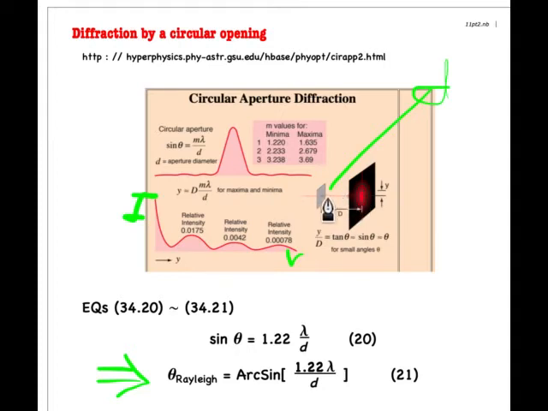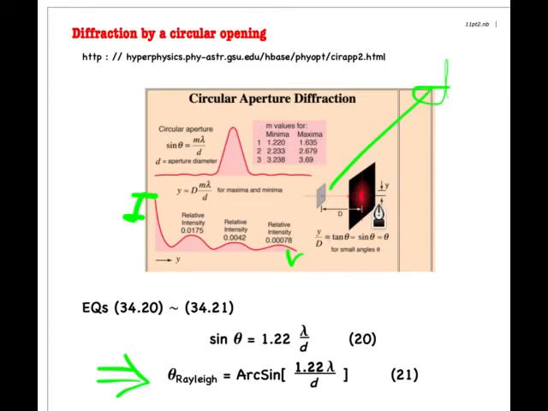Since you don't have a perfect shadow, you have instead diffraction, their positions on the projection screen would be overlapping. Could you tell them apart? Well, you could tell them apart if this 1.22 lambda over d was sufficiently large that they could be separated on the screen.